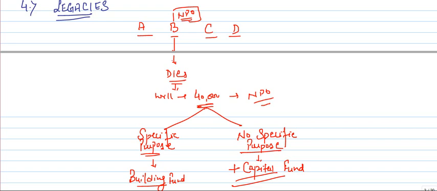So in case the legacy is for a specific purpose, then it will be used for that purpose only. And if the legacy is not for any specific purpose, then it should be added to the capital fund. Now where is this capital fund shown? This capital fund is shown on the liability side of the balance sheet.